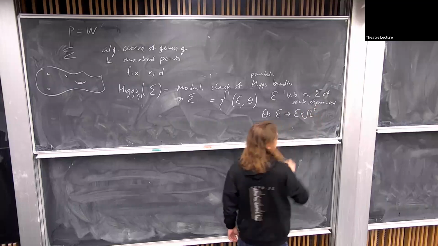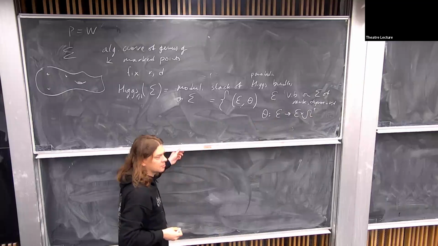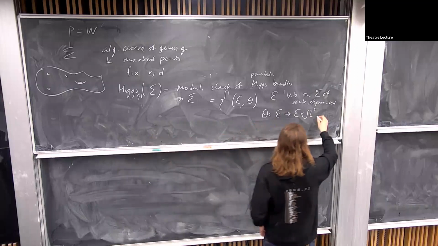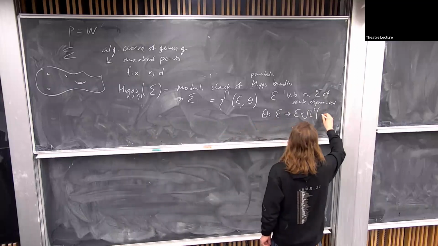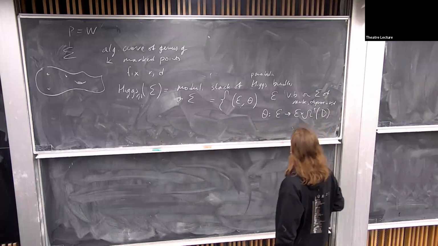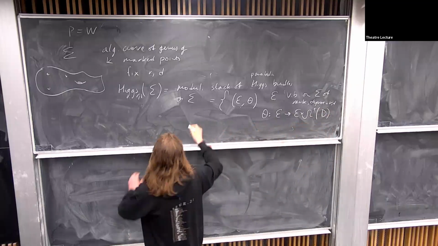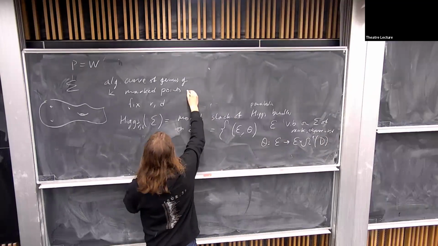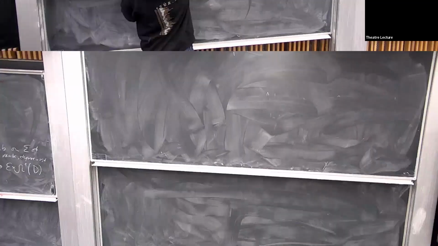But with marked points, you also allow, you twist by the divisor D, where D is encoded in the K marked points.